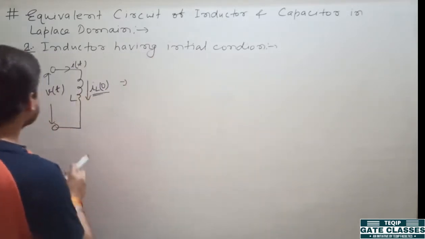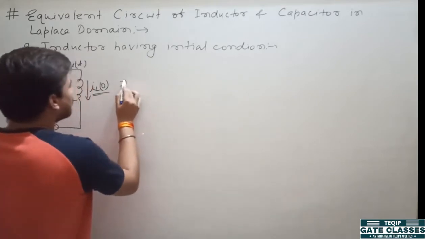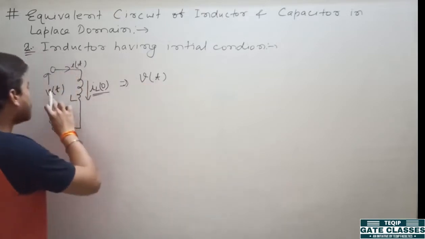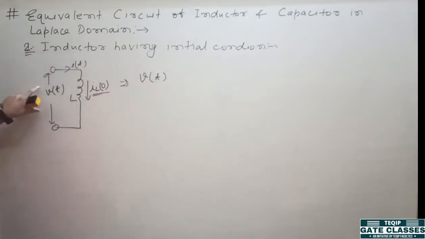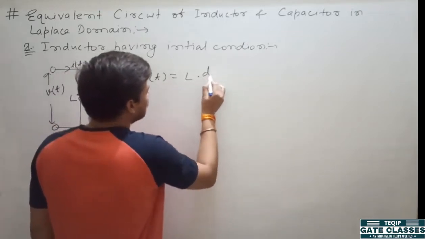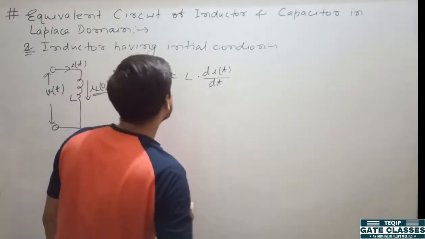So let us see. If you apply Kirchhoff's voltage law, we can write Vt is the voltage of the source, as well as the voltage across the inductor. So Vt will be written as L into di t upon dt.